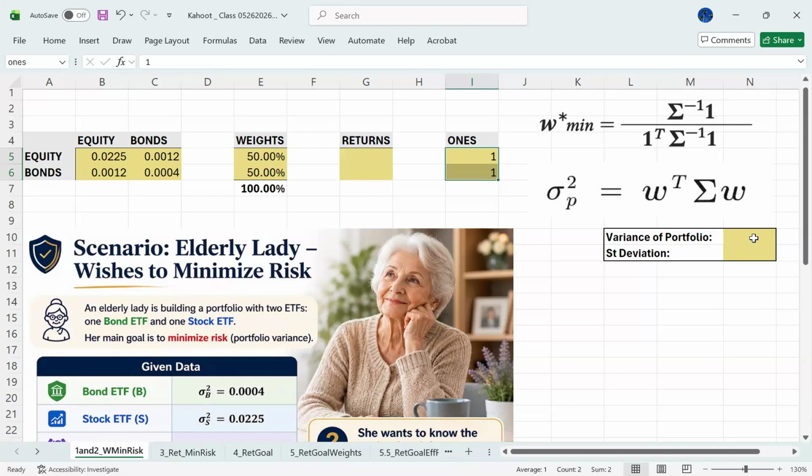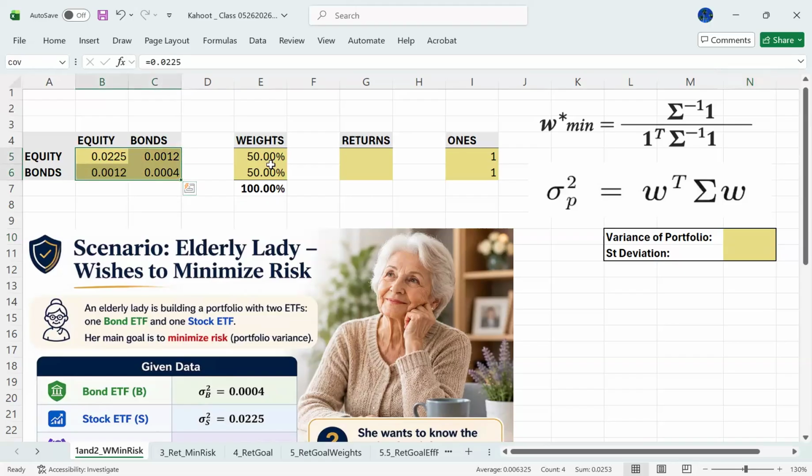There we go. Now, for the variance, we just follow our matrix formula that we have here. We multiply weights transpose times covariance times weights. There are some rules of why we need to transpose: this is a 2 by 1, so we cannot multiply by a 2 by 2.